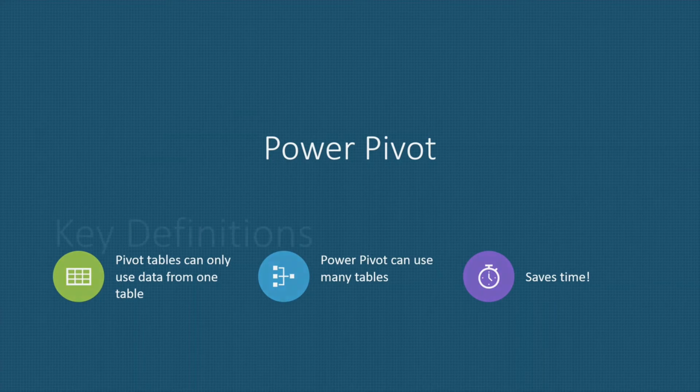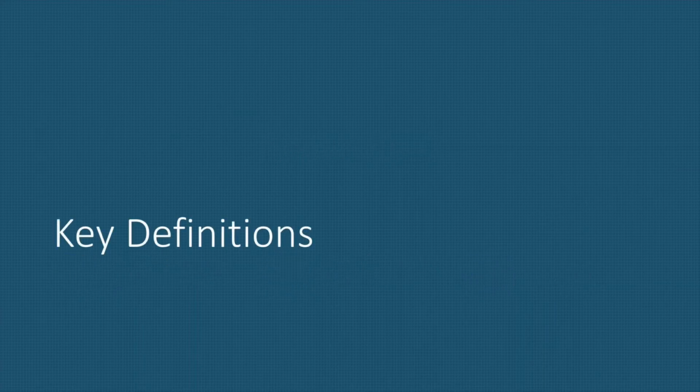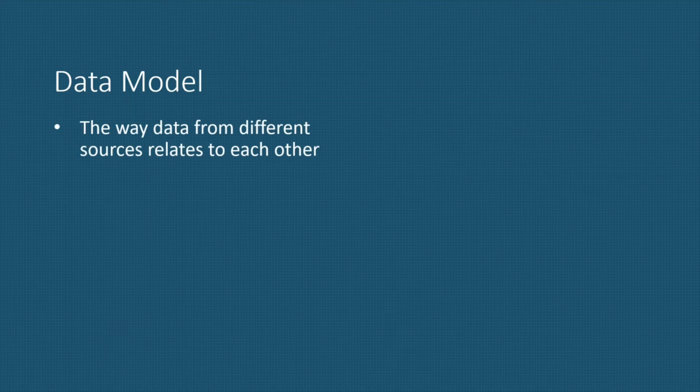Let's look at some of the key definitions with respect to data modeling. We'll talk about data model, fact, and dimension. Now, a data model. This is the way data from different sources relates to one another. Think about having different tables in a database or having data from a database and more data from another spreadsheet and then having data from a website.